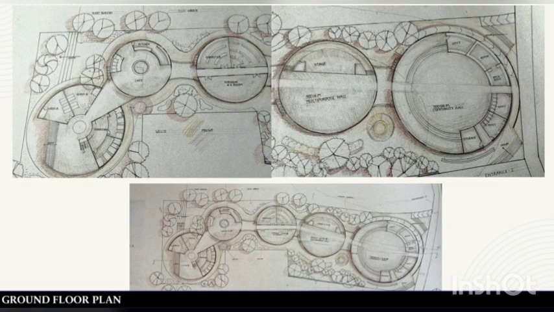As we can see, the whole structure is connected with a plinth, which makes a connectivity through all the structures for the inner movement. And for the external movement, there is a different landscape.